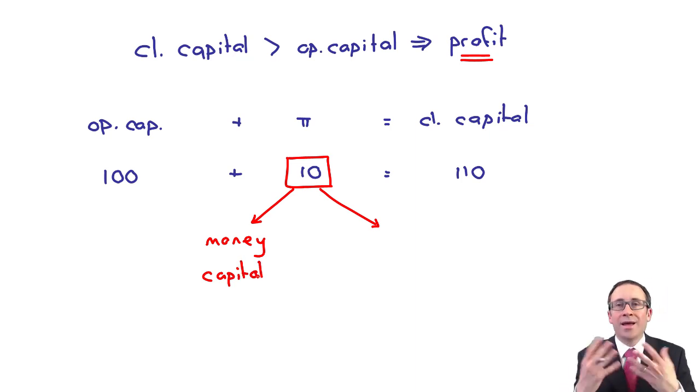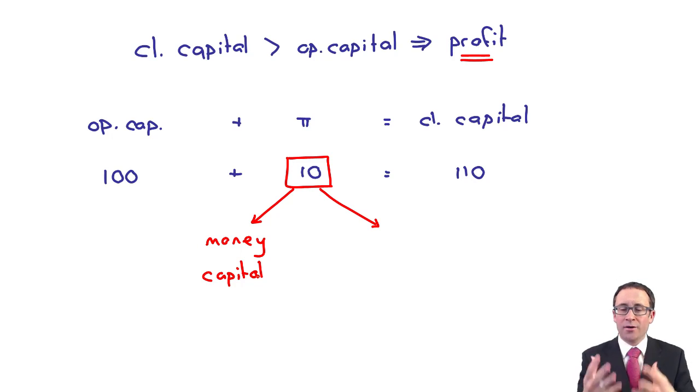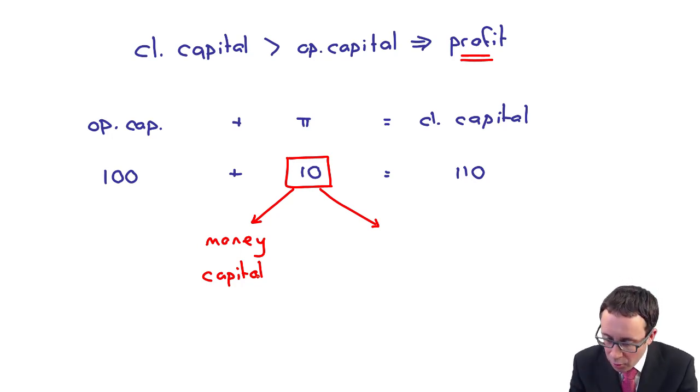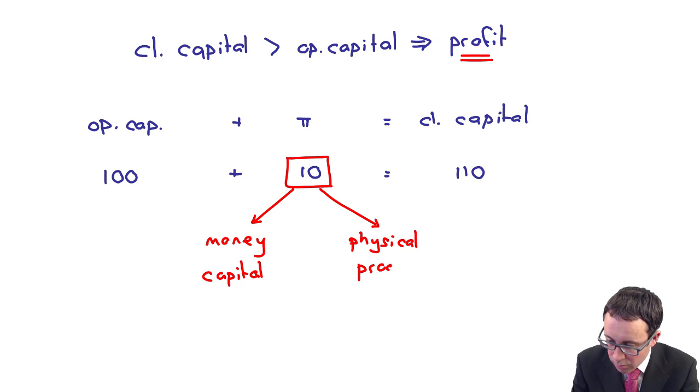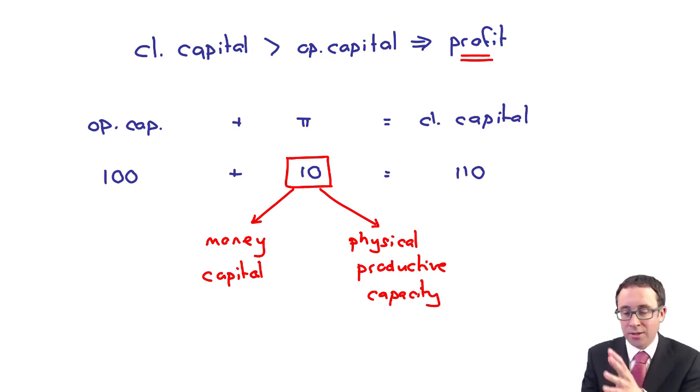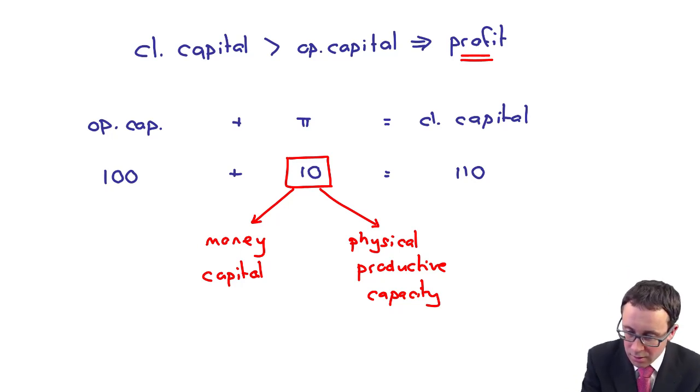Okay, so can we actually go through there and increase the wealth of the shareholders? Have we made them richer by generating these profits? And also from a physical productive capacity too.